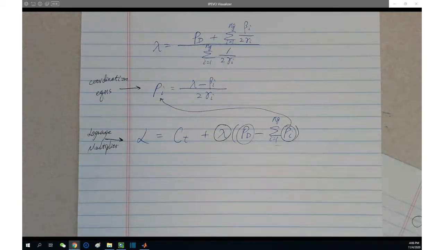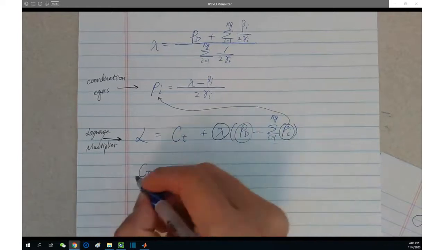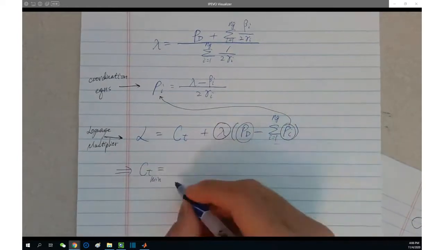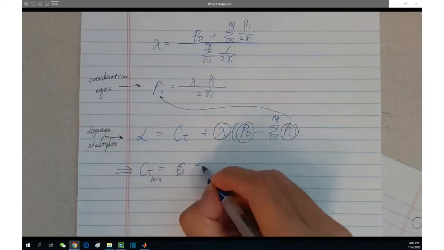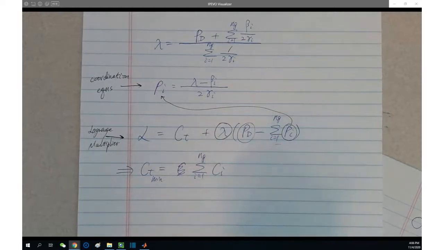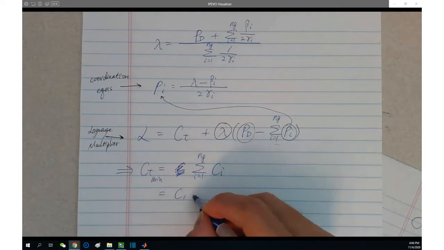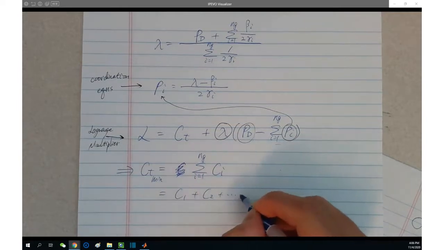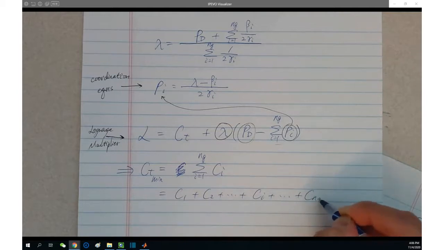And also, don't forget the total minimum cost eventually equals the summation of C_i, the individual generator cost values, which equals C1 plus C2 plus C_i plus C_nG.